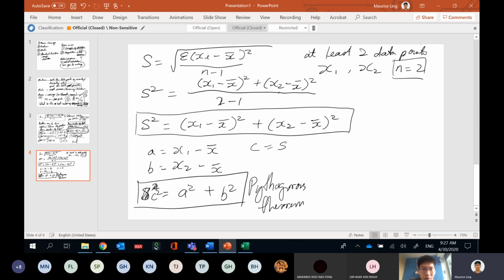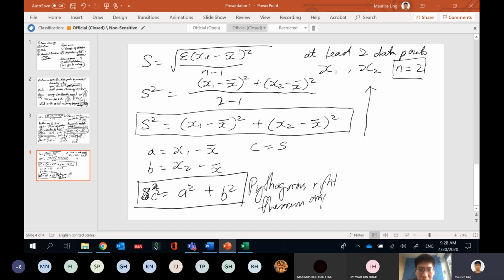Okay, it is Pythagoras theorem. It's because of Pythagoras theorem that we have this square and square root. In case nobody still realizes, what kind of triangle will Pythagoras theorem work for? It will be only for right angle triangles.